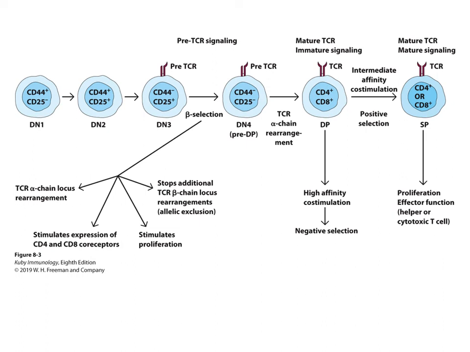If we pass negative selection, we can undergo positive selection, where it will then become a single positive, so it would either be a CD4 or a CD8. You can get further selection of different effector functions, so this is where you could get your T regulatory cells, your T helper cells, your cytotoxic T cells.